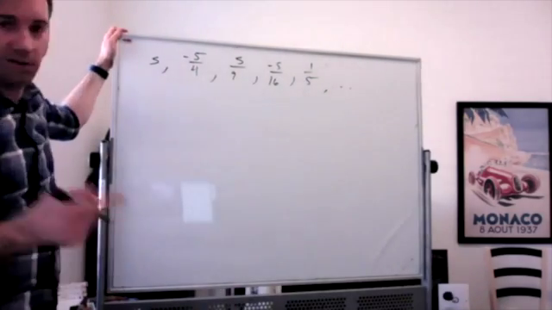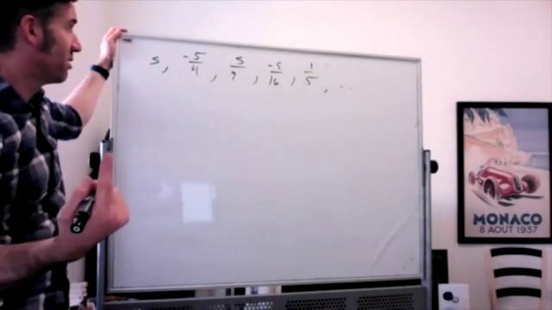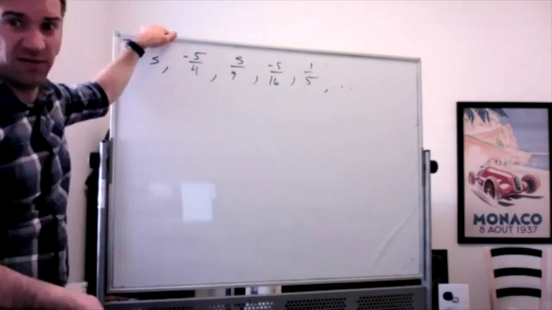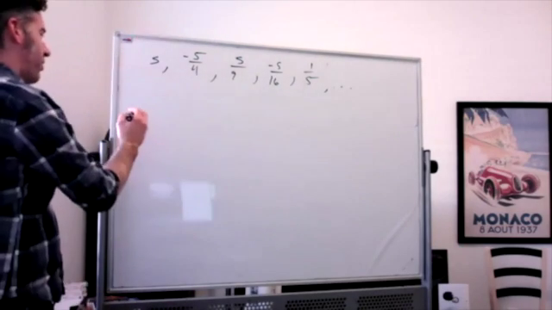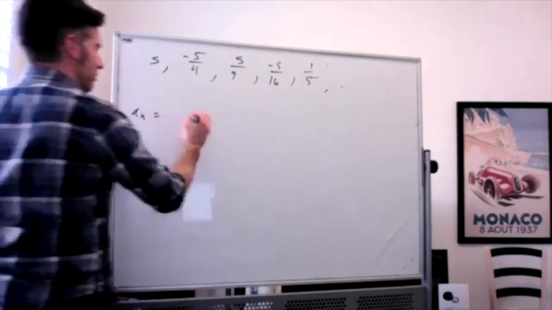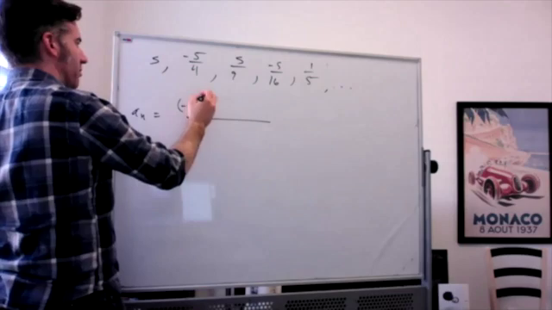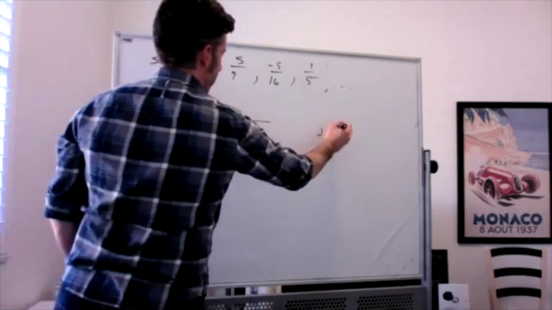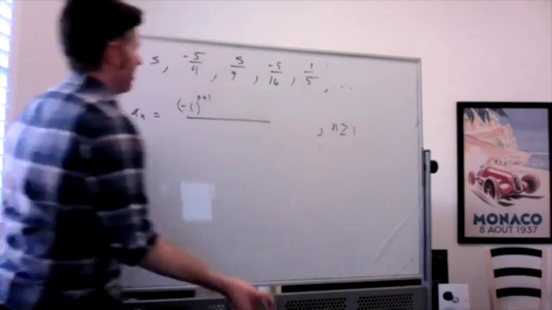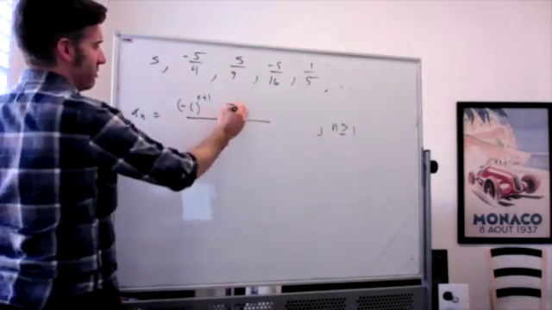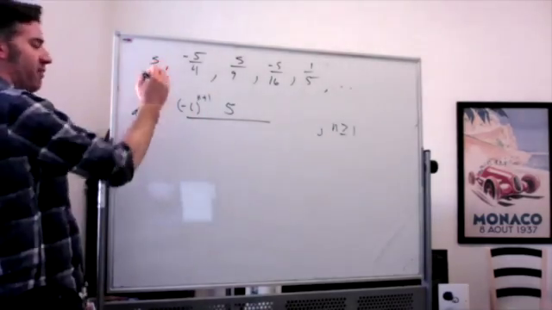So clearly it's alternating. It certainly looks like the top is 5 every time. So I'm thinking I have something like (-1) to the n plus 1 if I'm going to start at n equal to 1. And then it looks like the top is just 5. All right, this is 5 over 1.